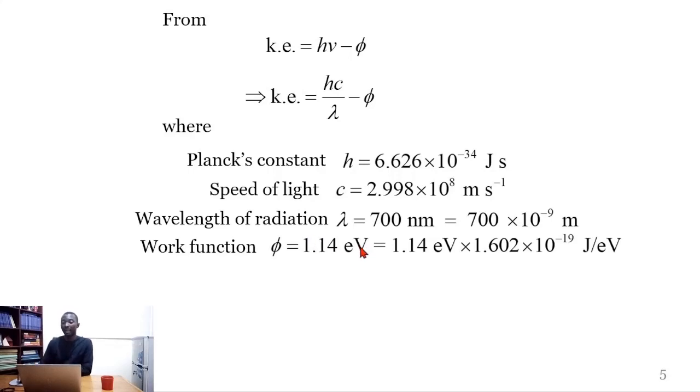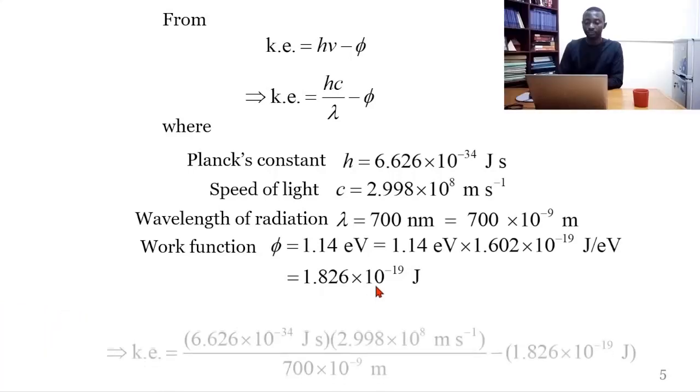So if we multiply 1.14 electron volt by 1.602 times 10 to the power of negative 19 joule per electron, then we can find the value of the work function in joule. That gives 1.826 times 10 to the power of negative 19 joule.